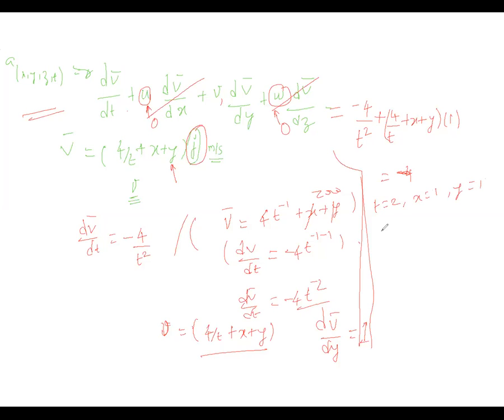So the acceleration at t equal to 2 is minus 4 divided by 2 square plus 4 by 2 plus 1 plus 1, which is equal to minus 1 plus 2 plus 1 plus 1.